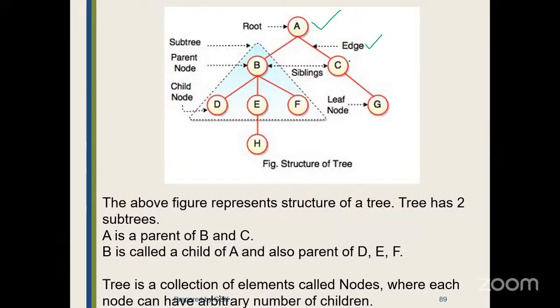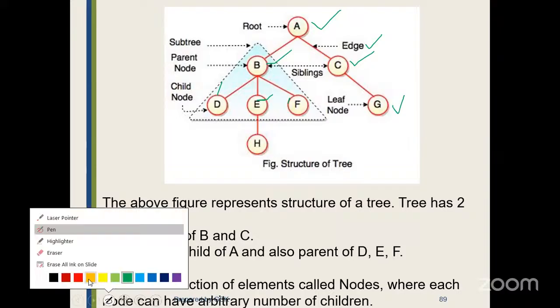The same level nodes are called siblings, and these are called child nodes. D, E, F are child nodes for B, G is a child node for C, C is a child node for A, and so on. And the nodes without child nodes are called leaf nodes. Clear, I hope?